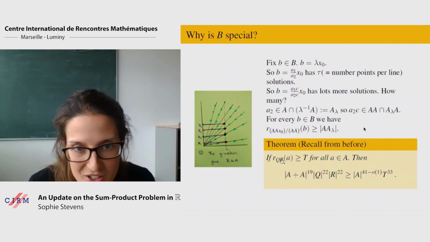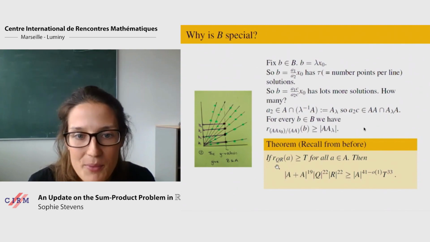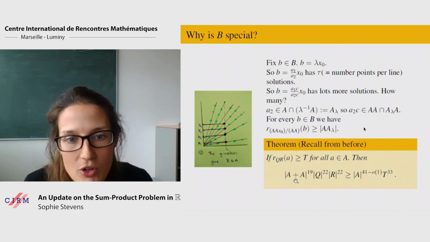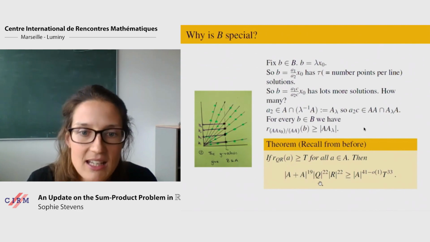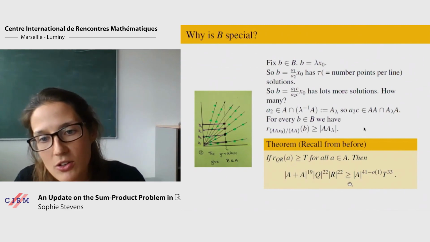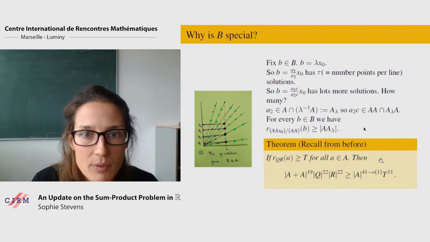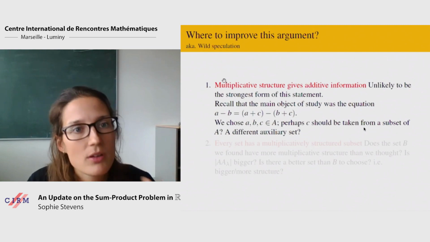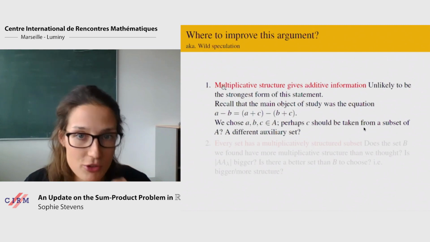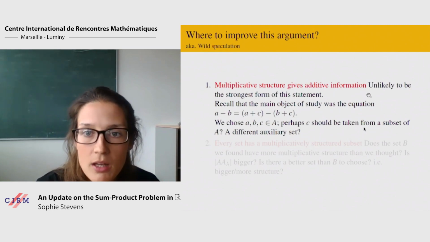For this, let me just recall this theorem here, which is saying that if we've got multiplicative information, then we've got a plus a to the 19 times Q to the 22 times R to the 22, A to the 41 times T to the 33. So this was a theme of multiplicative structure giving us additive information.